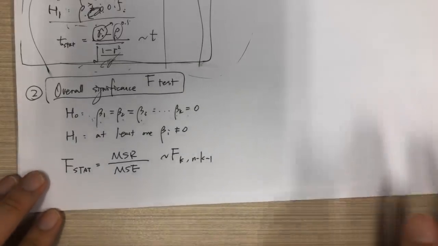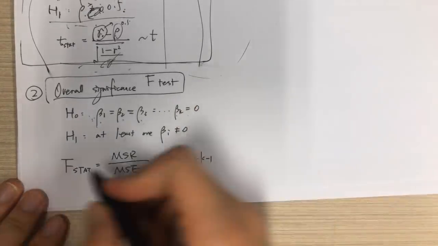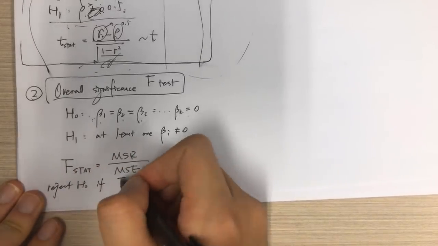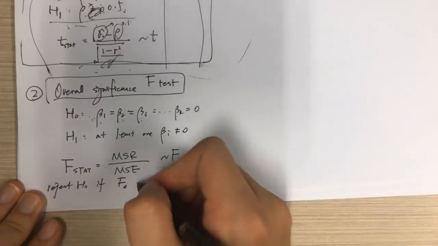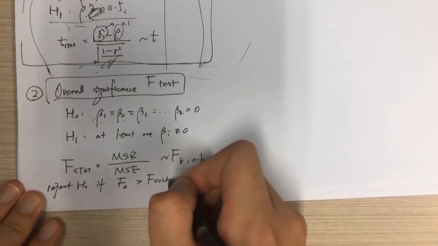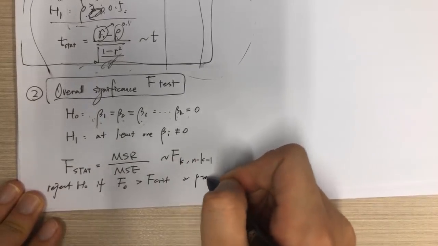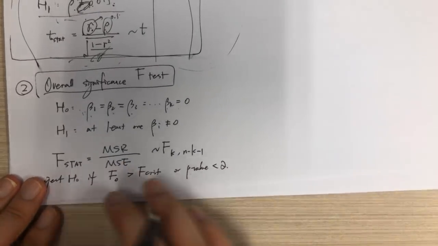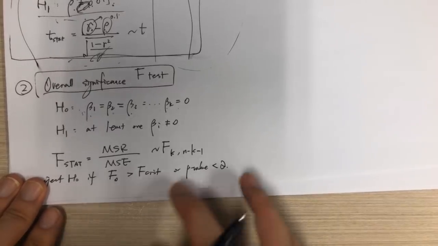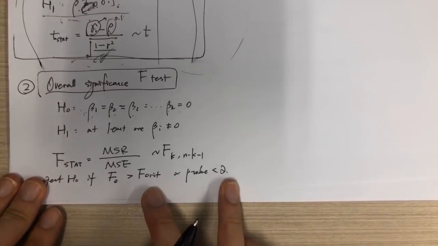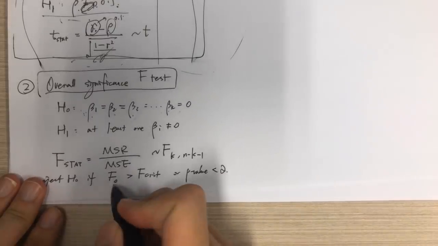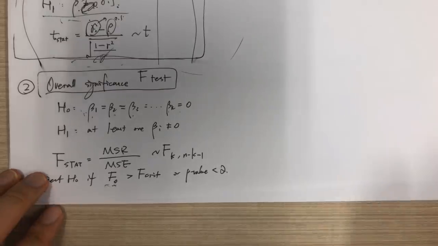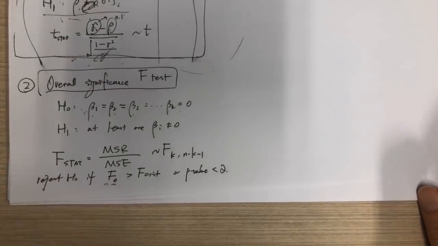So that's all about the overall significance F test. So we reject the null hypothesis if your observed F is greater than the critical value or the p-value is less than alpha, right? In both ways, you can determine whether you're going to reject or not reject the null hypothesis. So F0 means observed F, okay? I tend to use observed F here, or F statistic.